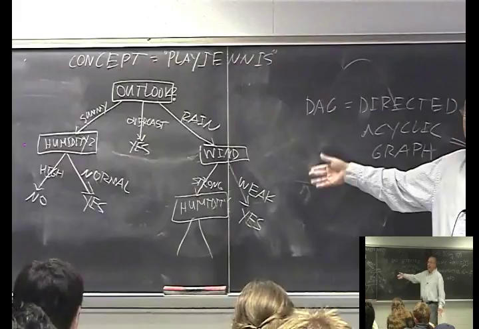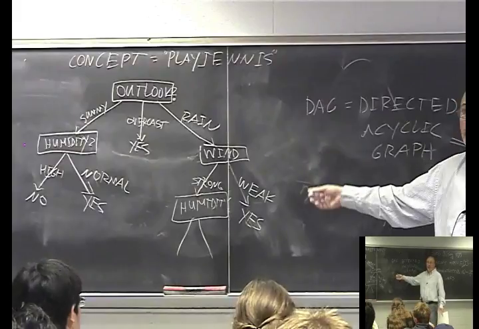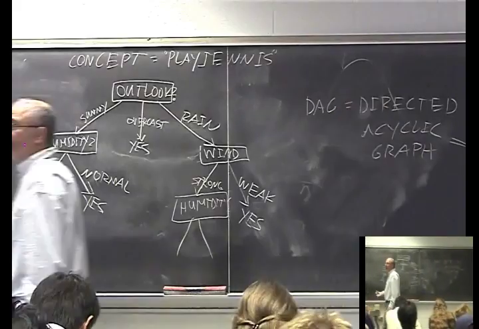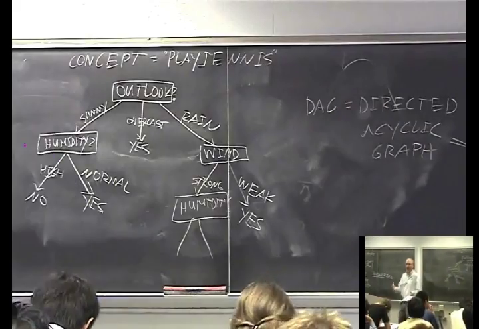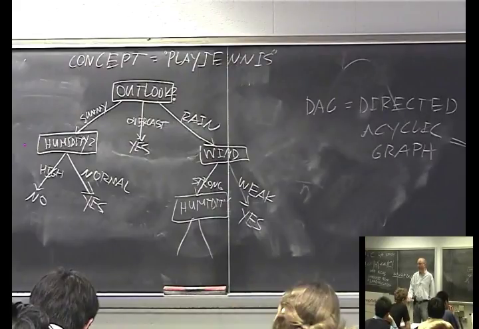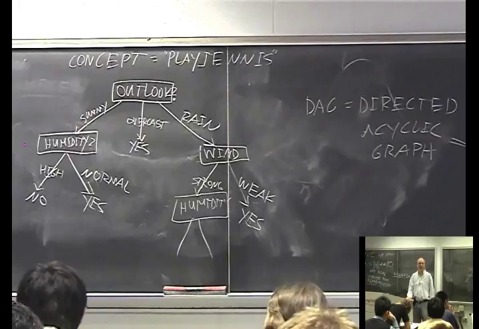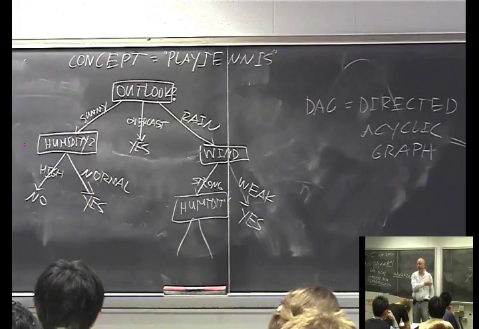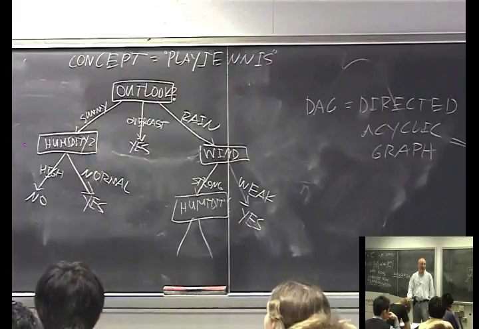So I defined for you a representation, a language. And the first question that I'd like to come into your head when I define a language for you, when I define a representation of concepts, is what is the bias? So that is effectively asking what concepts can be represented by decision trees and what concepts cannot be represented by decision trees.